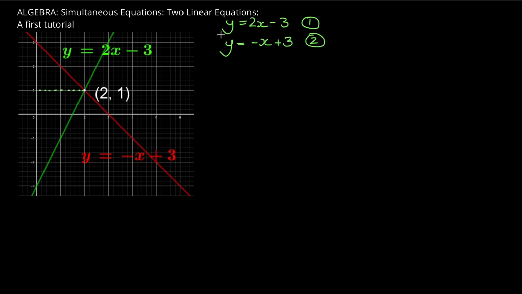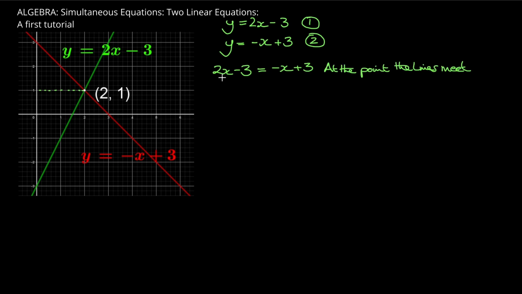So whatever value of y is in this equation is equal to the value of y in this equation. If that is true, I can set the right-hand sides equal to each other. This is at the point that the lines meet.